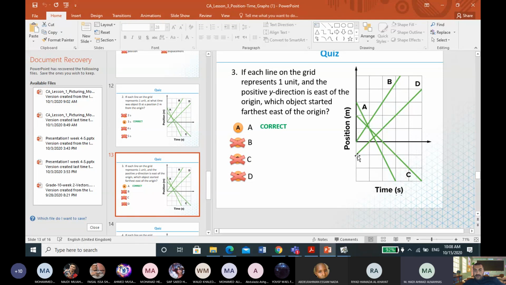It covered 5 boxes. A: 1, 2, 3, 4, 5, 6. It covered 6 boxes. I found this way. It's better. So all covered 5 boxes instead of A, which covered 6.